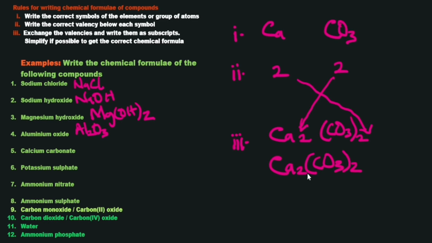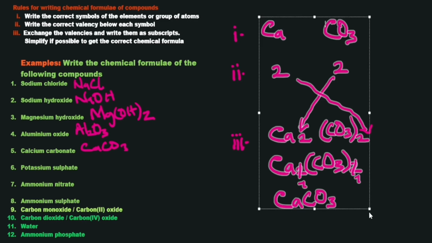Now we can further simplify. 2 here is 1, 2 here is 1. And we don't include 1 when writing chemical formula of compounds. So this formula is simplified to CaCO3.